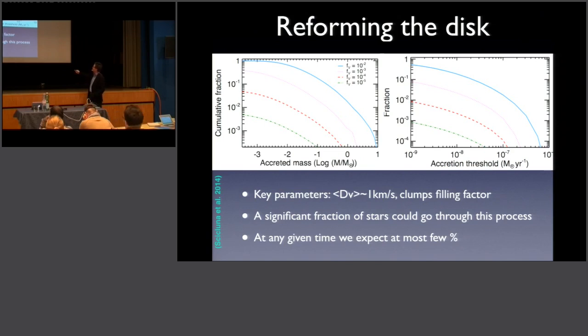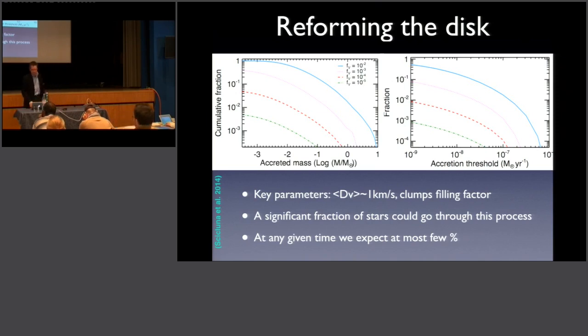And you see you can have a few percent of stars, 10^-2 here, a few percent of stars that accrete at 10^-8, 10^-7, which is what is observed, and a cumulative fraction of, say, up to 10%, I would say, of stars that have accreted as much as their original disk.